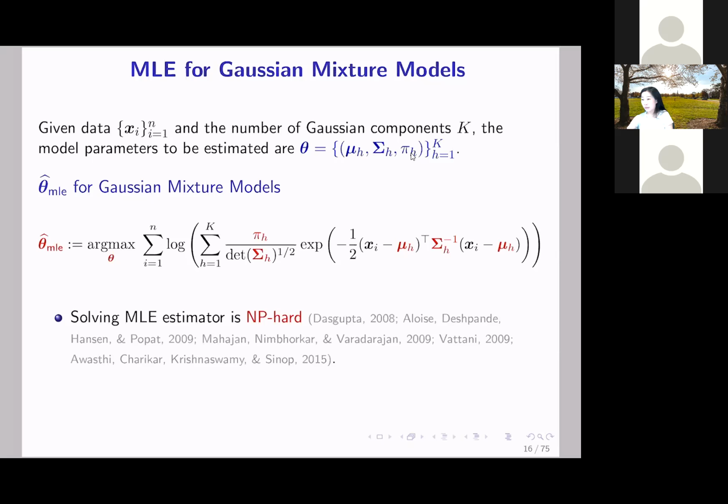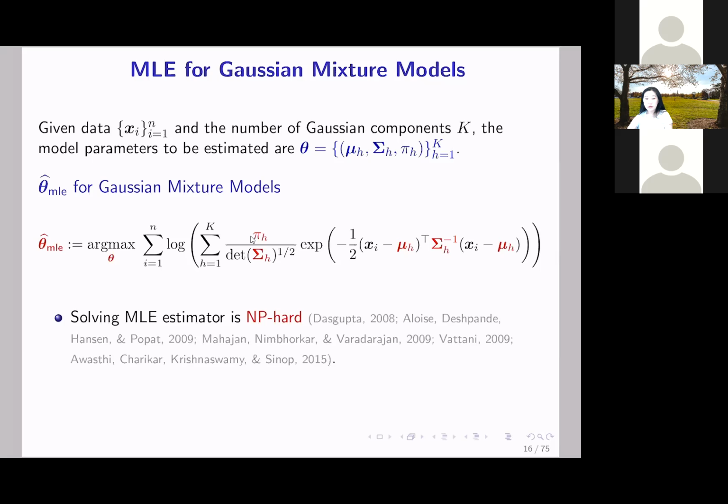Notice that pi h is the mixing weight for that subpopulation, so you need to estimate it for all K components. If you write it out, this is the likelihood for Gaussian mixture models.